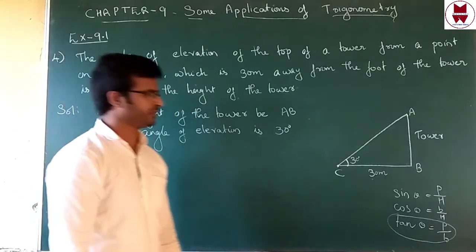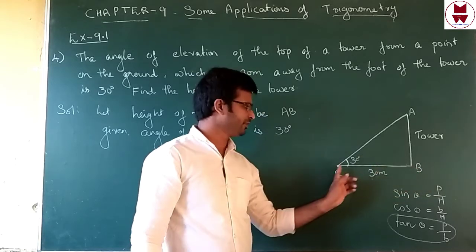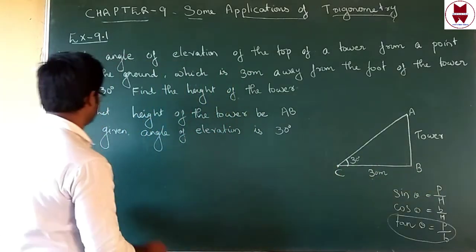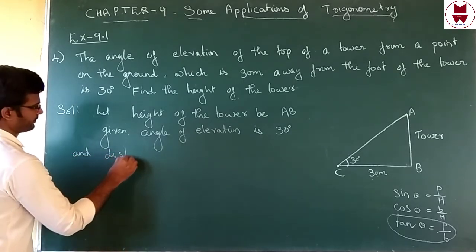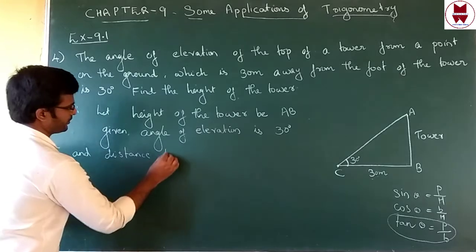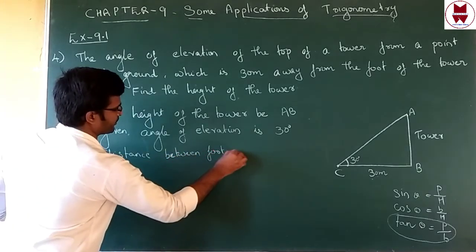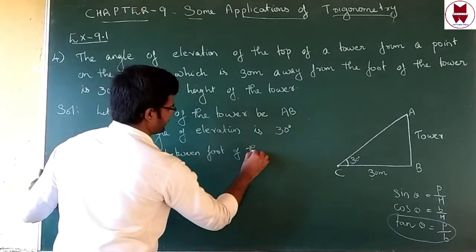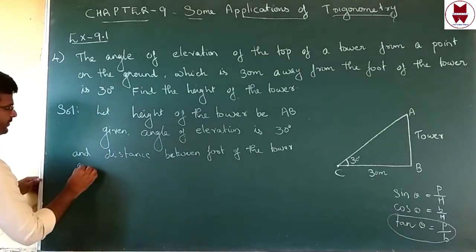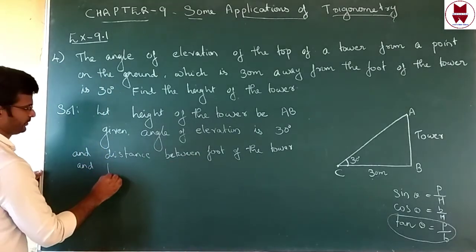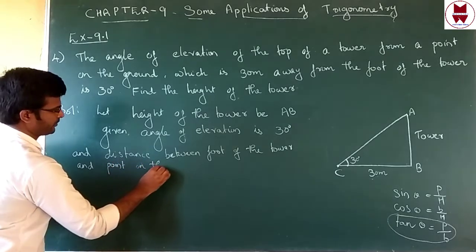Then one more value is given, that is 30 meter, the distance between foot of the tower and point on the ground.